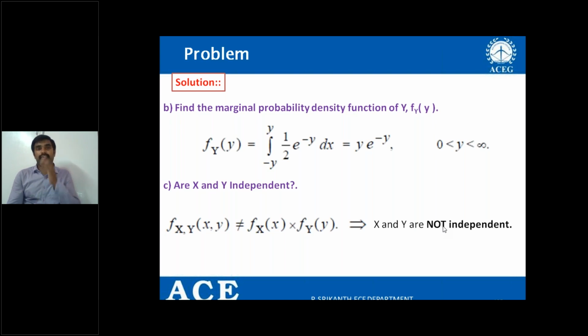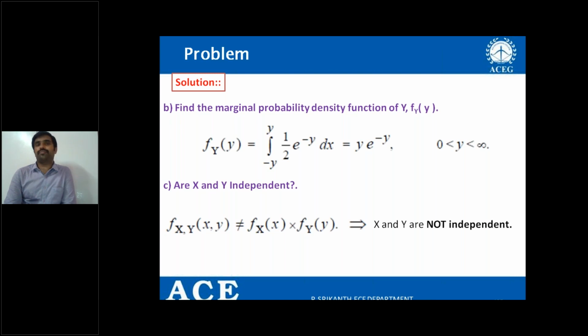For statistical independence, the joint distribution must be equal to the product of marginal distributions, and the joint density must be equal to the product of marginal density functions. And we have checked the conditions with the help of problems, right? So with this we can conclude the session.